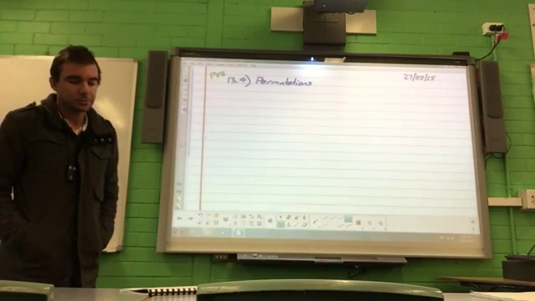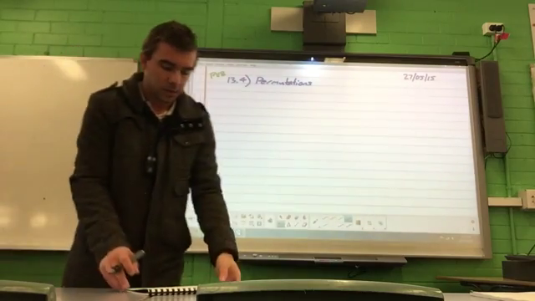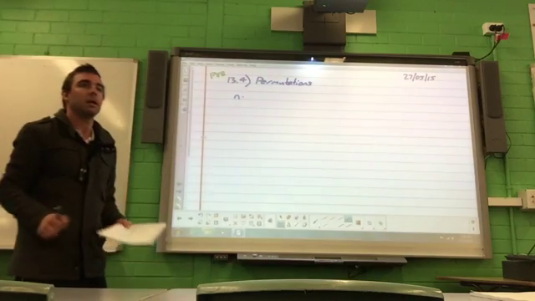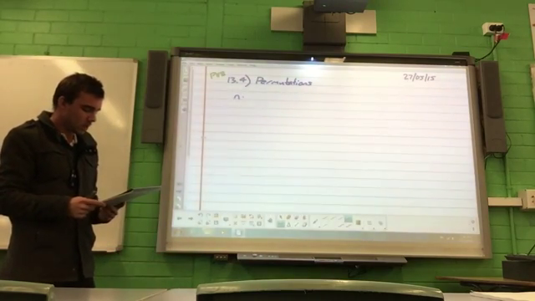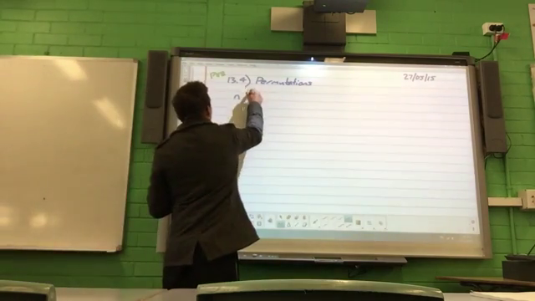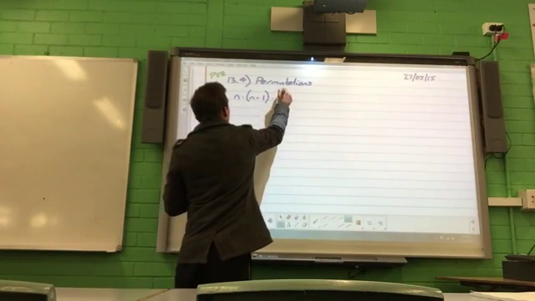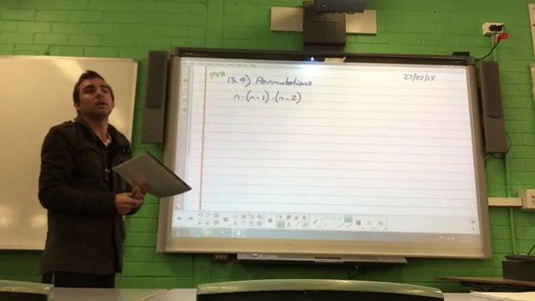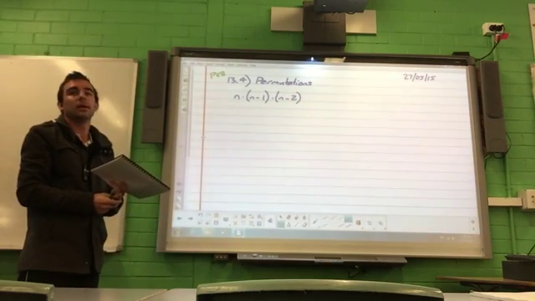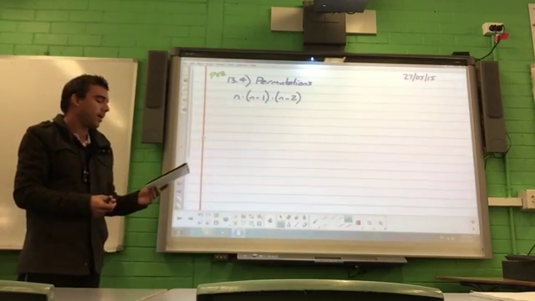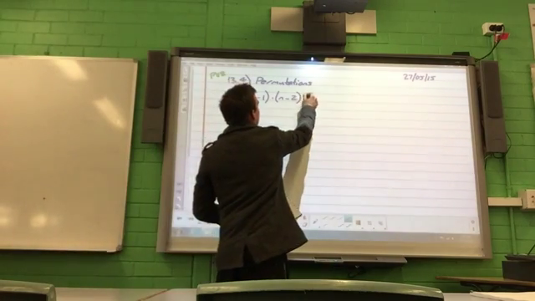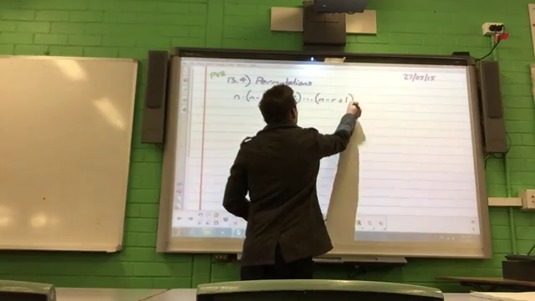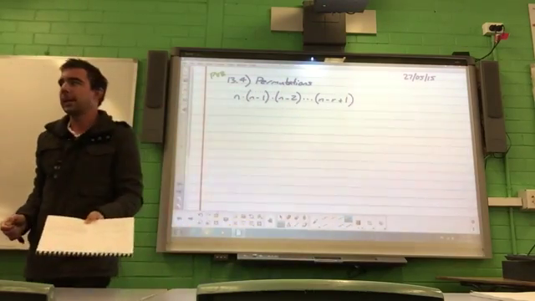Alright. So, in the notes, this can be done in n, and remember the dot means multiply in this context, n take away 1, n take away 2, times, times n take away r plus 1.